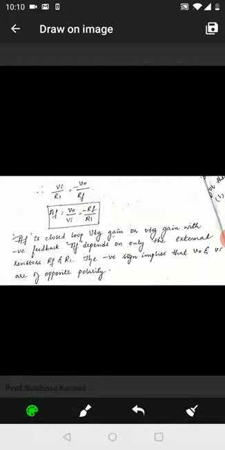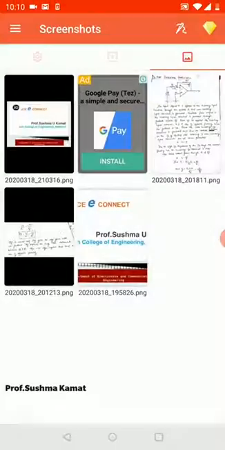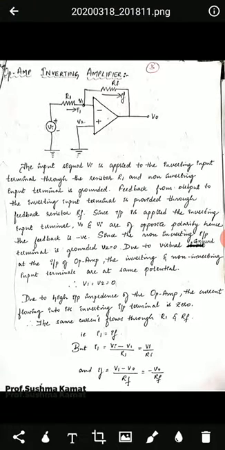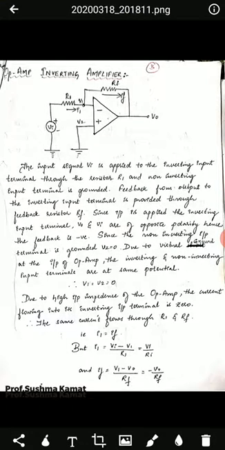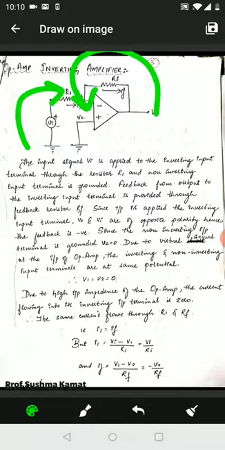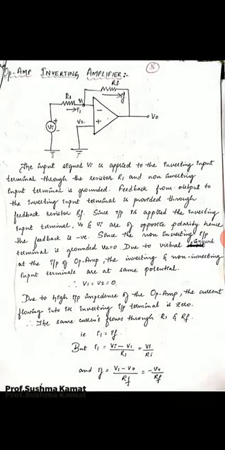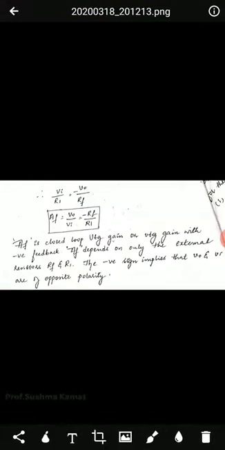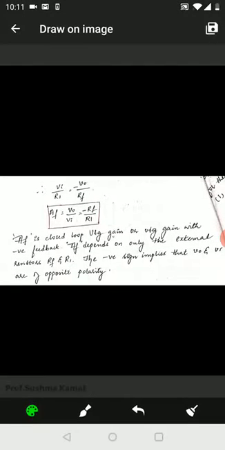And when we notice, the circuit is connected in such a way that the feedback is given to the negative terminal, and input also is being given to the negative terminal. That is why the answer happens to be negative. The answer that we have got here is AF equal to V0 upon Vi, which is equal to minus RF upon R1.